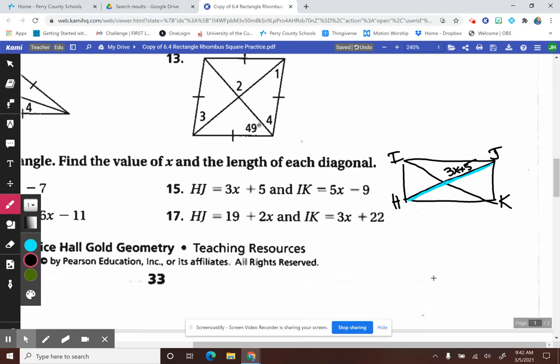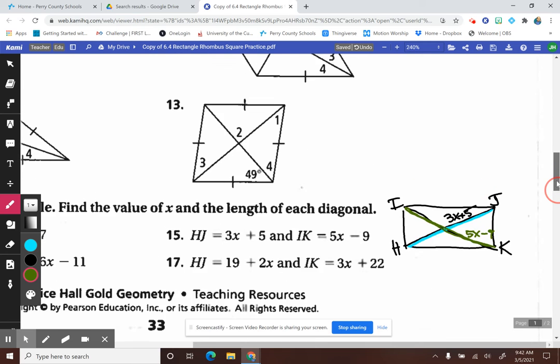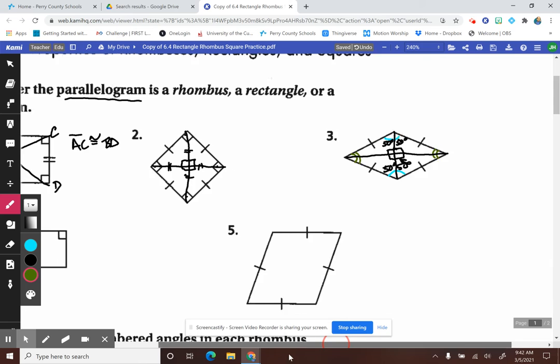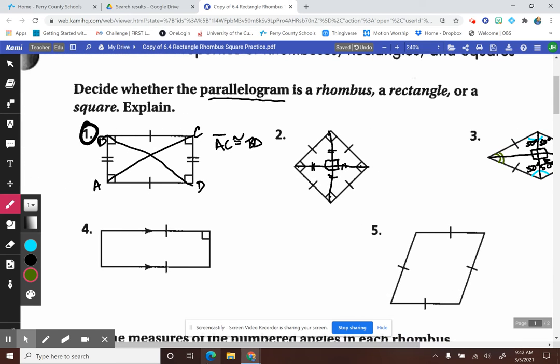And then it tells me that IK, which is the other one going this way, is 5X minus 9. But here's what we need to understand about the diagonals of a rectangle. Remember, we said up here in our little notes that the diagonals of a rectangle are congruent.